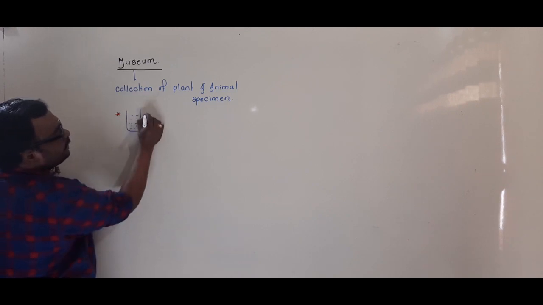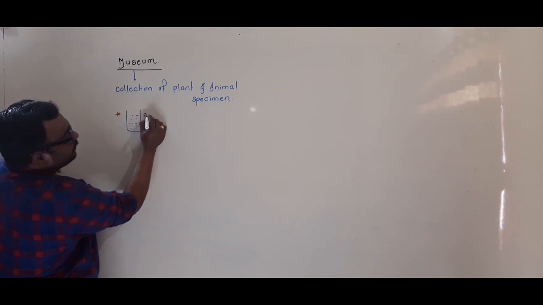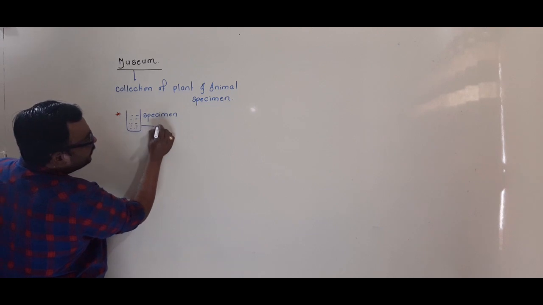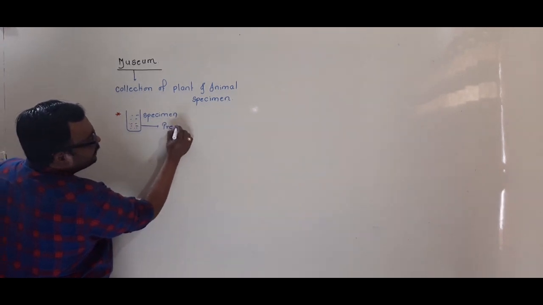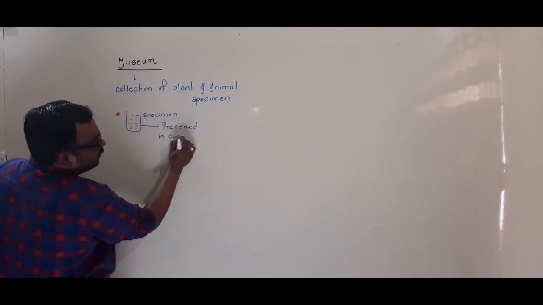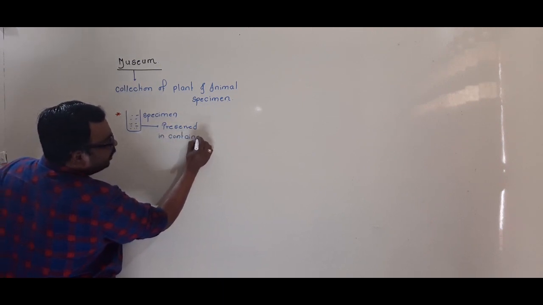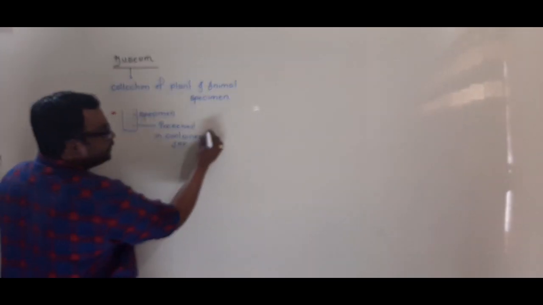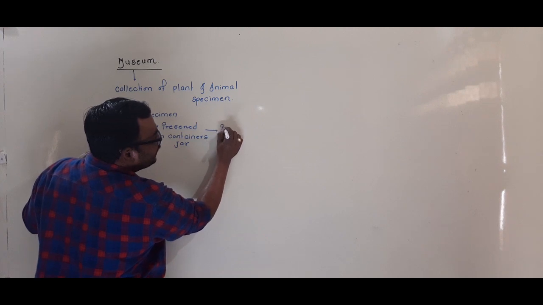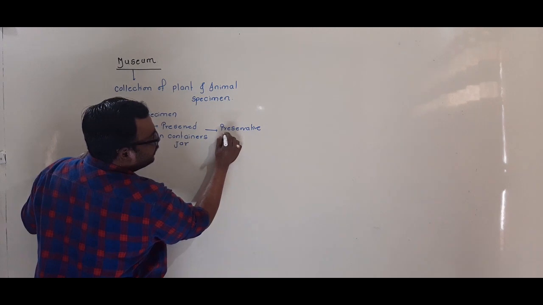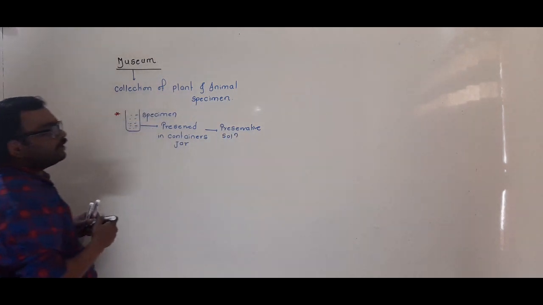So generally in a museum, whatever specimen is present is preserved in containers, or preserved in jars, along with preservative solution. This is for when we are trying to preserve the actual specimen.